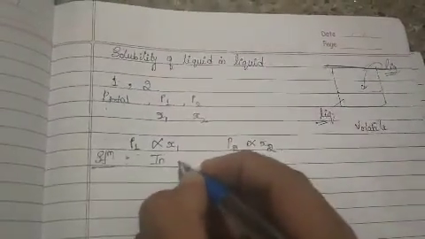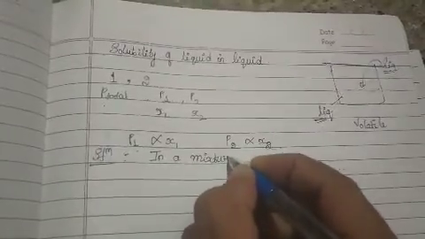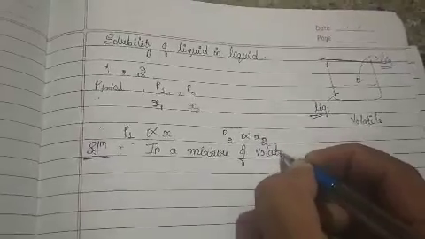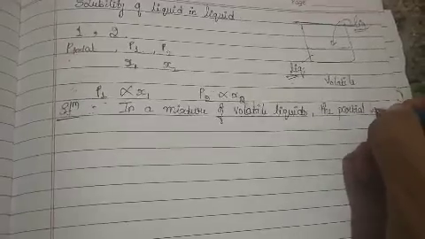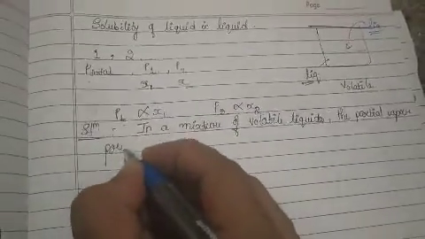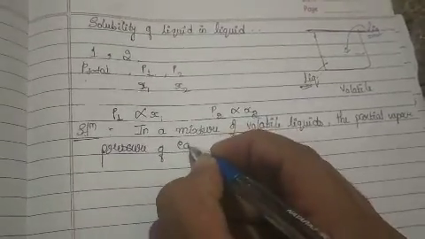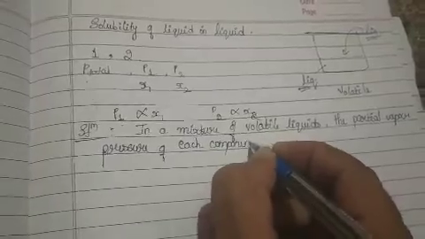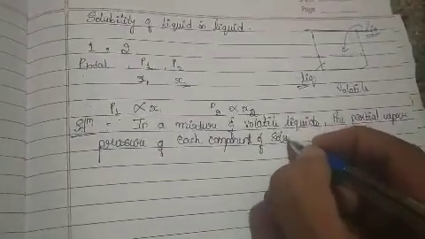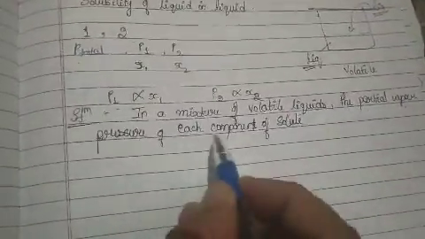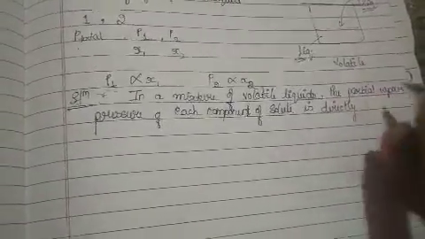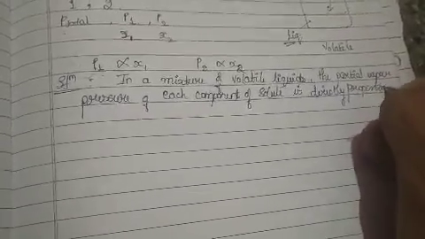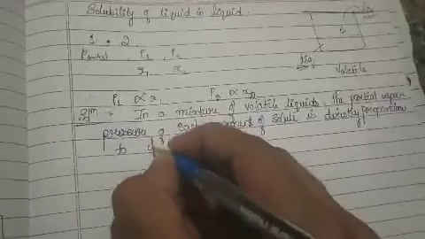He says that in a mixture of volatile liquids, the partial vapor pressure of each component of a solution is directly proportional to its mole fraction present in the solution.